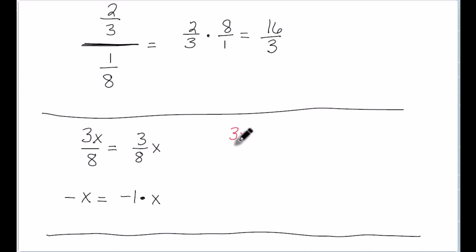Well, if I've got 3x over 8, I could really write this as 3 times x over 8 times 1. And then I just write this as 3 over 8 times x over 1. But anything over 1 is just itself. So if it's more convenient to pull the number away from the variable, do that.